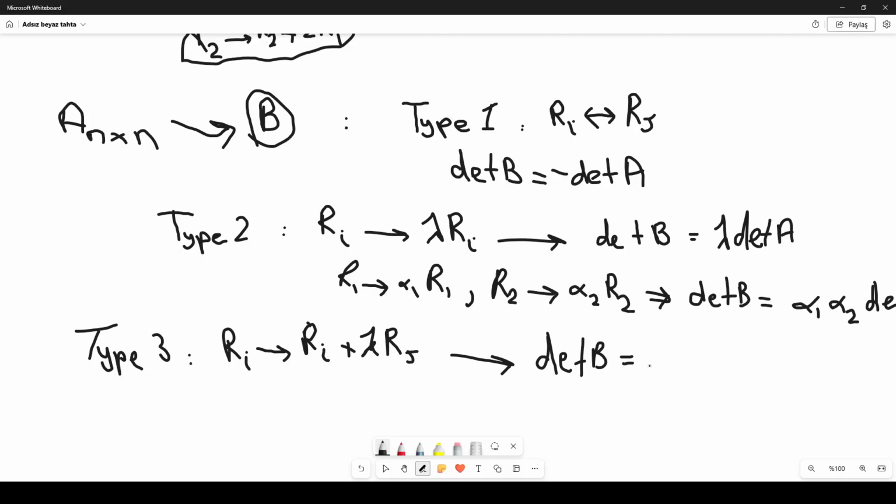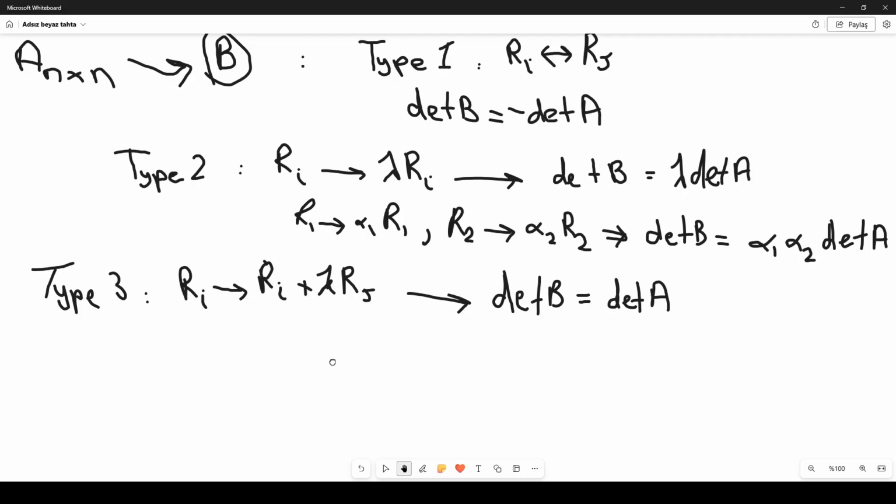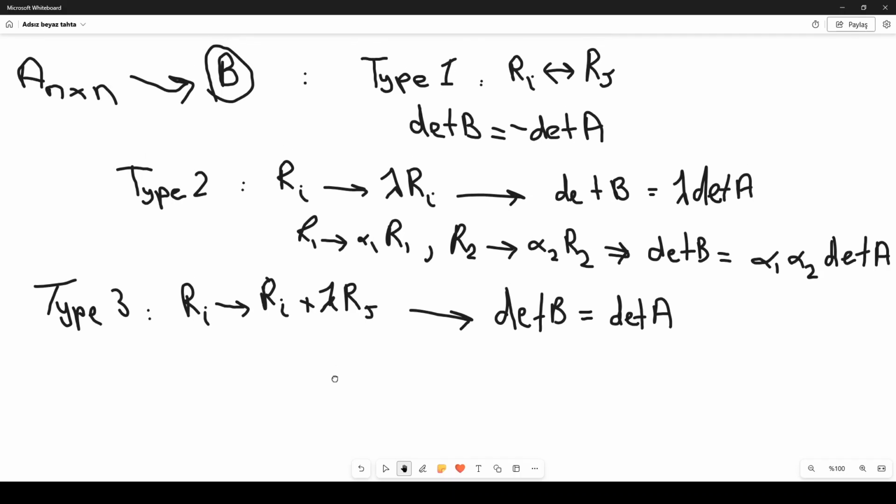So determinant B is determinant A. This comes down to saying that if we only perform type 3 operations during the elimination process, then the determinant of our final matrix would be equal to the determinant of the original matrix.